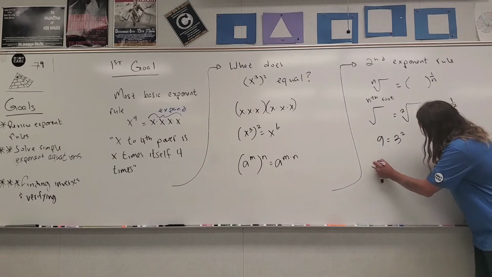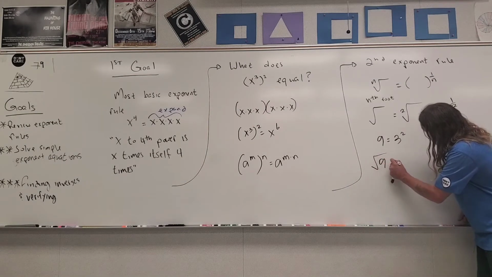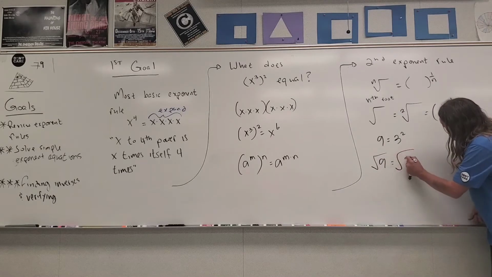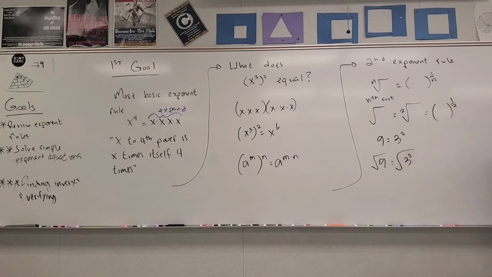So if I ask you for the square root of 9, that'll be equal to the square root of 3 squared. So we're here. We're going to jump to here now, which means that I get parentheses 3 squared to the power 1/2.